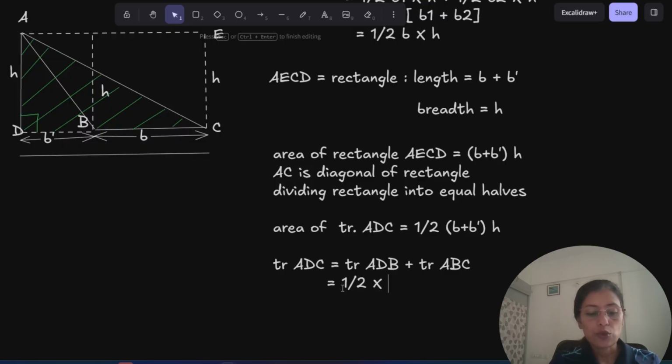Maybe first I should write into AD into DB, right? And I'll call it area of triangle ADB.